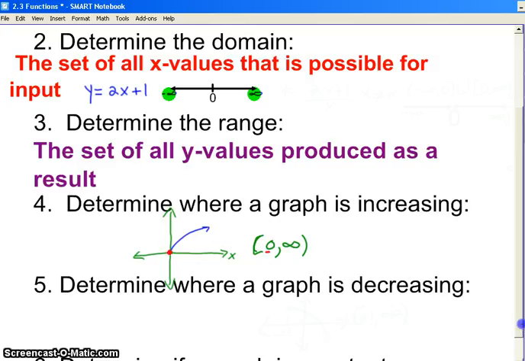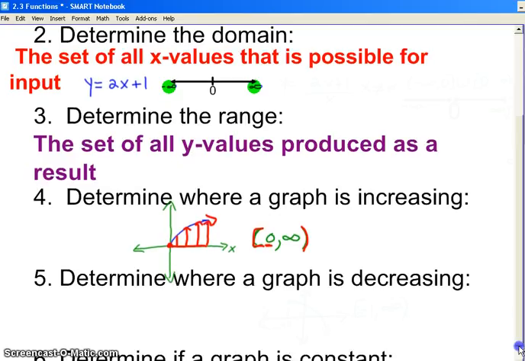Notice 0 is part of the graph, so I'm going to put a bracket there. As I move along the x-axis, every value in my graph is getting larger and larger. And this arrow indicates that it doesn't stop, so that's the infinity. So it goes from 0 to infinity.